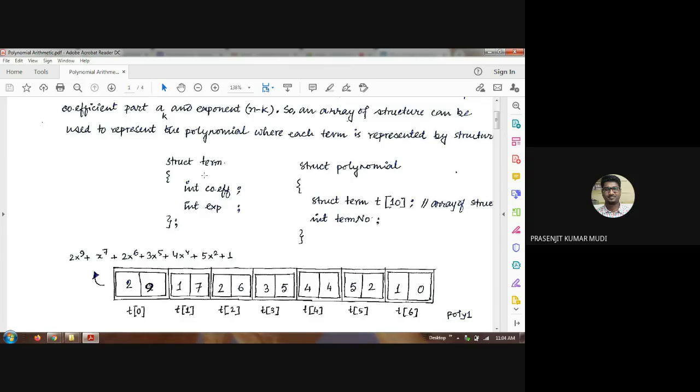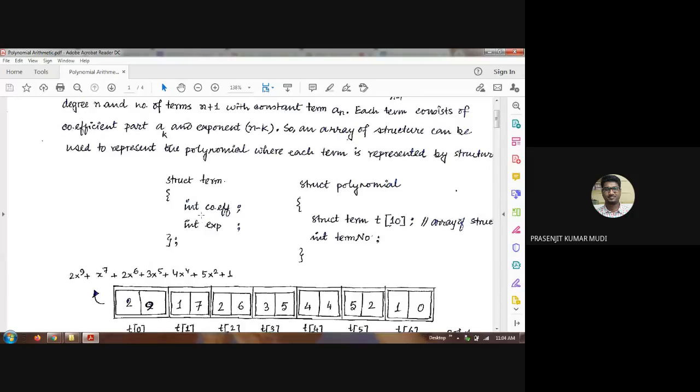But yes, you can take integral or float coefficients, no problem. That's why it will be a structure. These two components will be combined together into a single entity, that is your structure.